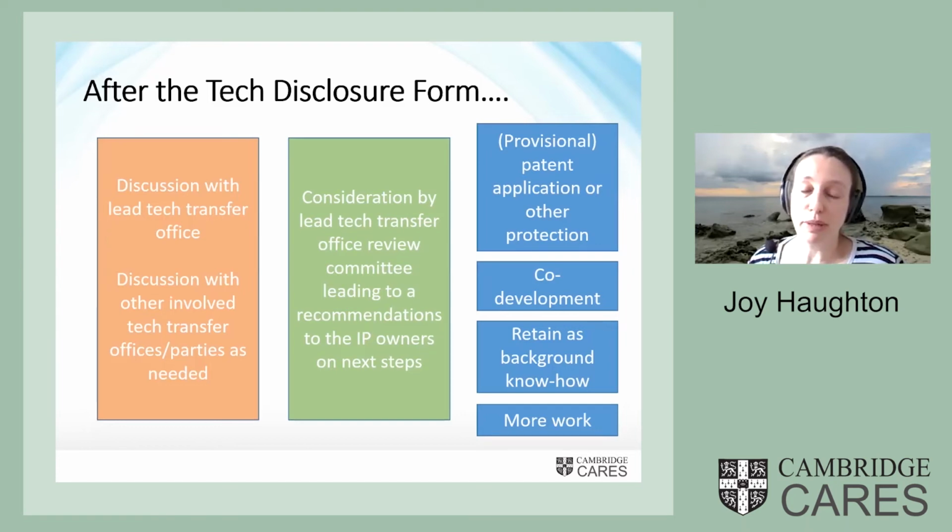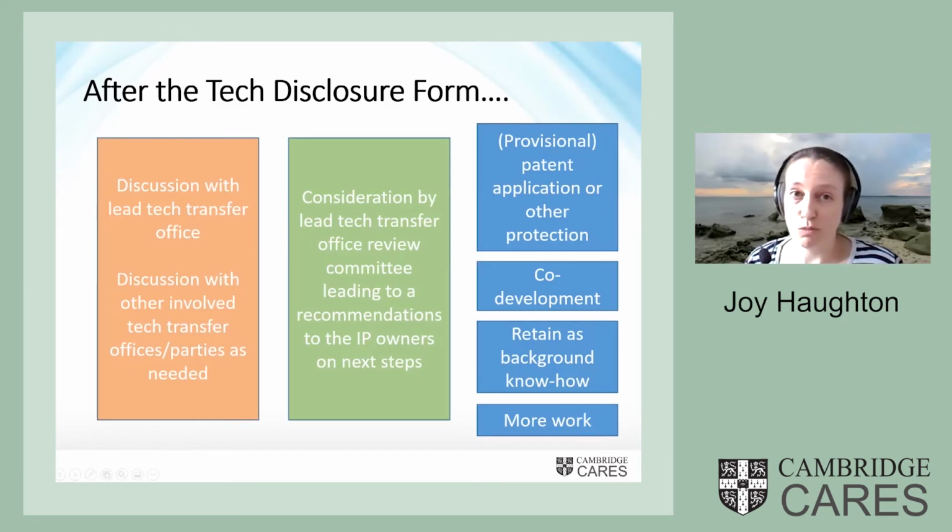They might recommend retaining what you have as background know-how, which could still be licensed out to third parties, but perhaps not suitable for protection. Or they might recommend that it's a bit early stage and it needs a bit more work to really decide what's the best route for it at that point.